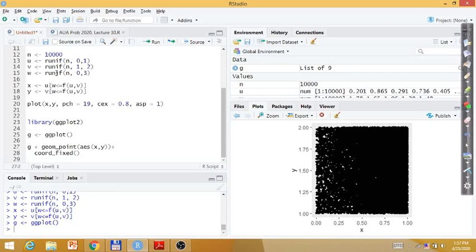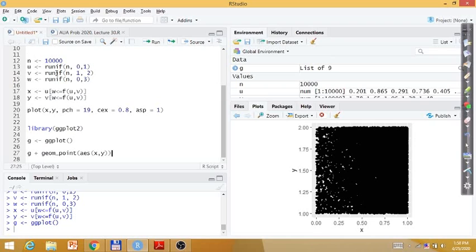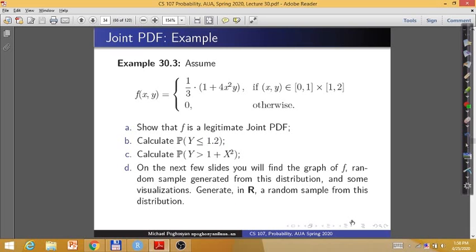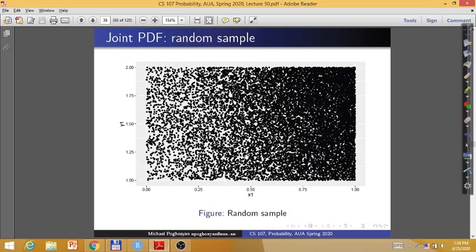Well, I have obtained that picture without fixing coordinates. So let me try to obtain the same figure. Yeah, this was what I have obtained. Most of the points are here at the corner. So this was how I've obtained this.